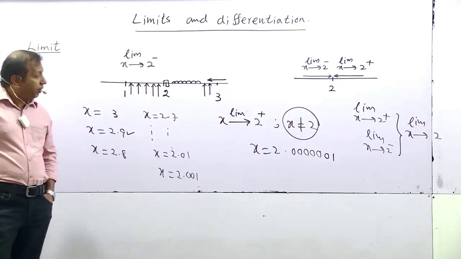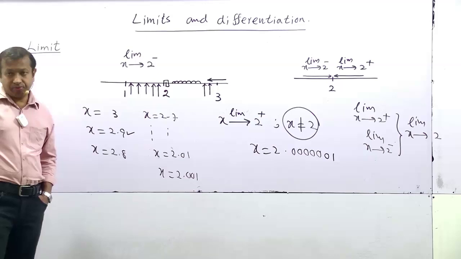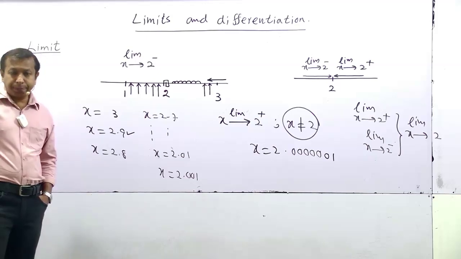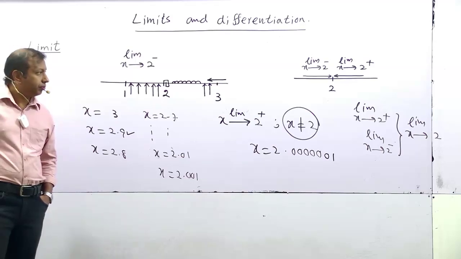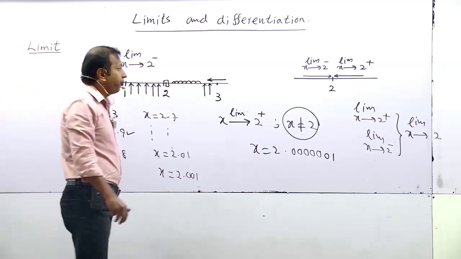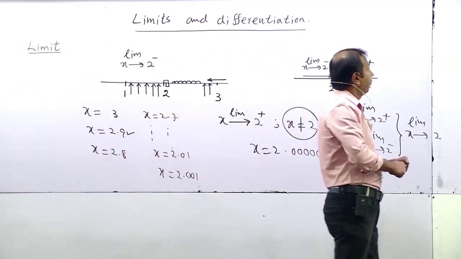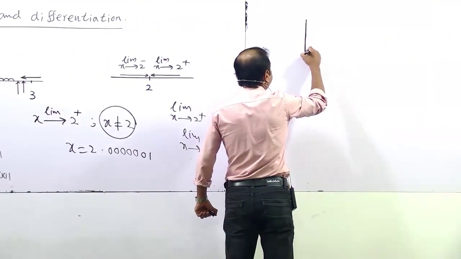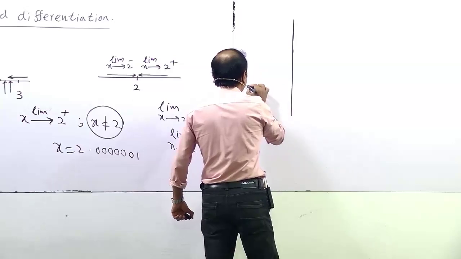Right. Now let's see why we should use this limit. Before going to that, I'll take another simple example. I take this way the y equals x squared graph.